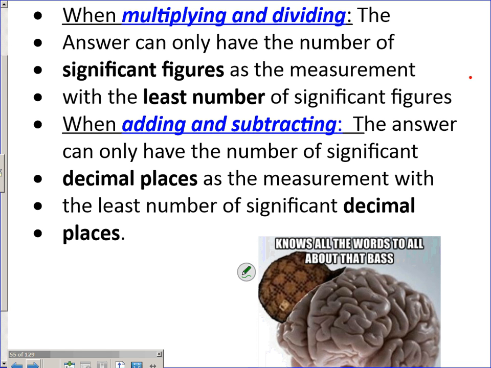All right, what's the glaring difference between these two rules? Multiplying and dividing require what? Yes, you to count sig figs.